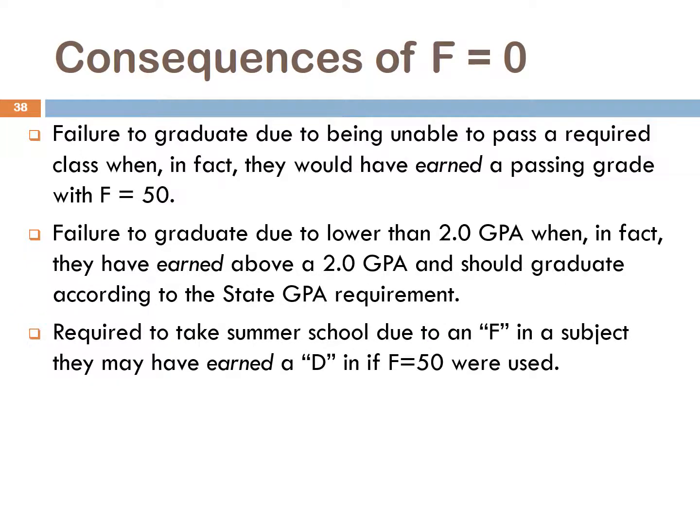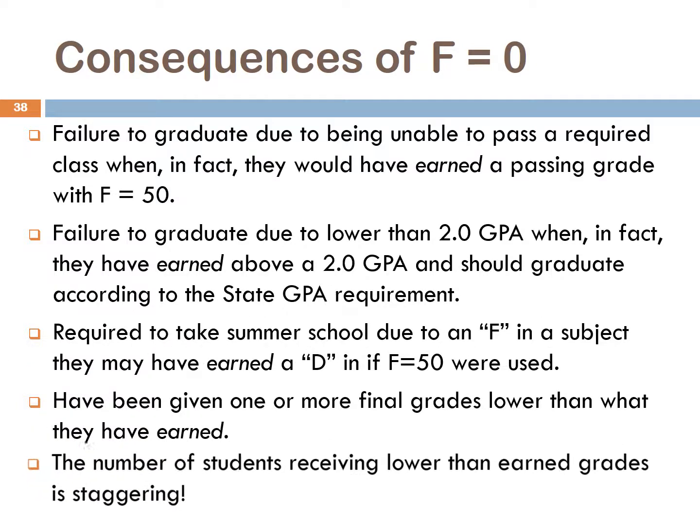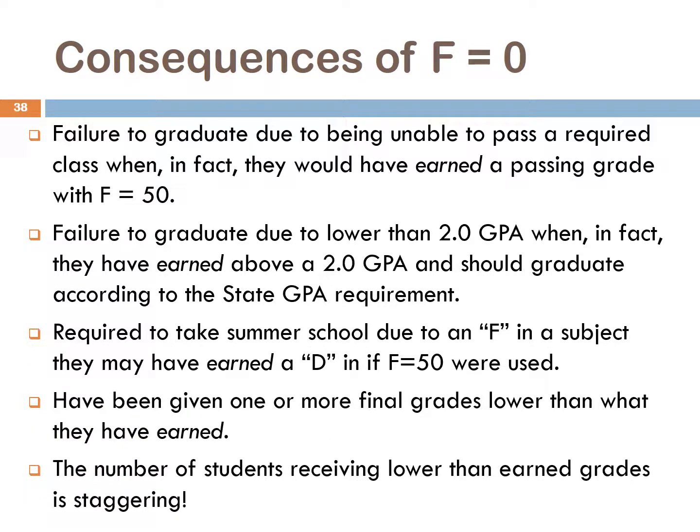Required to take summer school due to an F in a subject they may have earned a D in if F equals 50 were used. Have been given 1 or more final grades lower than what they have earned. The number of students receiving lower than earned grades is staggering.